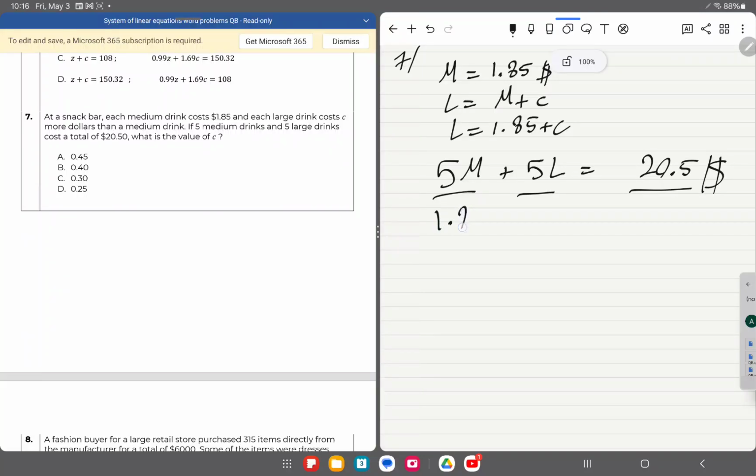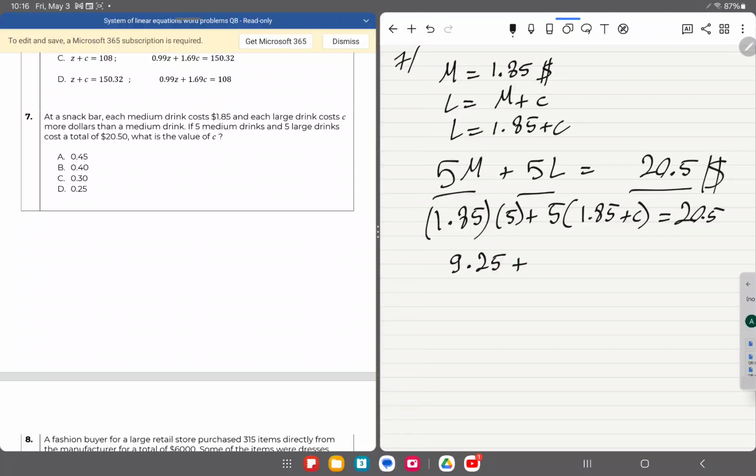This one is an easy one. 5 times 1.85 plus 5 times (1.85 plus C) is equal to 20.5. 1.85 times 5 is 9.25. So 9.25 plus 9.25 plus 5C is equal to 20.5.